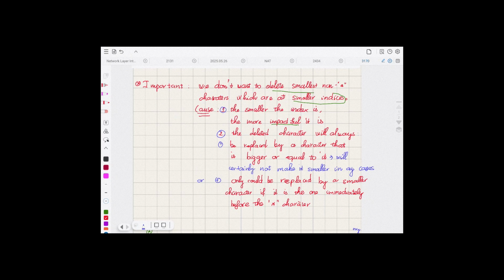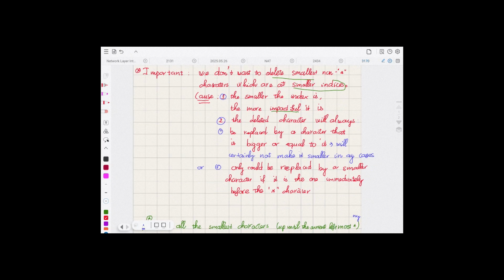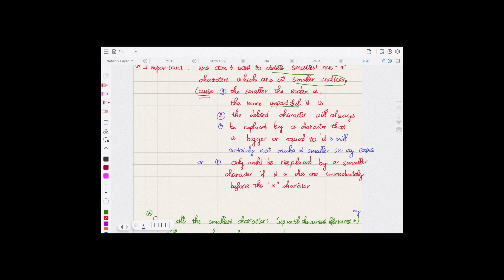In the first, the deleted character will be replaced by a character that is bigger or equal to it, and in that case it will certainly not make the string smaller. In the second case, the deleted character could be replaced by a smaller character, but this only happens when the deleted character is the one immediately before the star character.